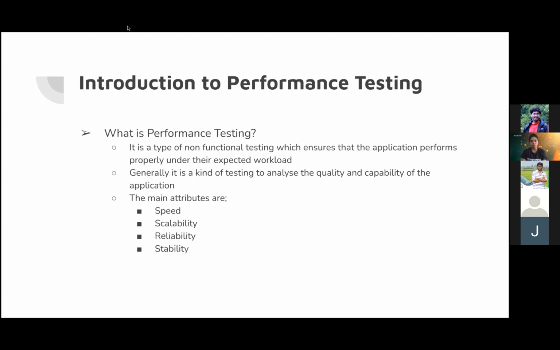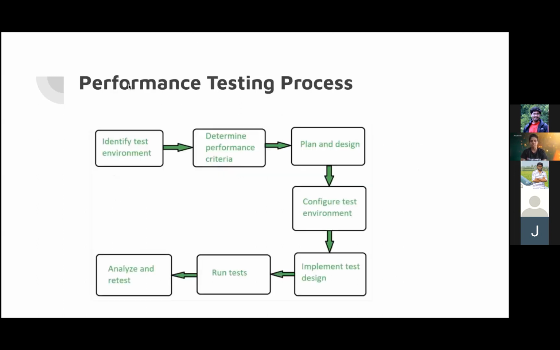Now we will see the process of performance testing. Performance testing includes a total of 7 steps. The first step is identifying the test environment, whether it's dev environment or QA environment, and also identifying the hardware, software, network configurations and tools available.